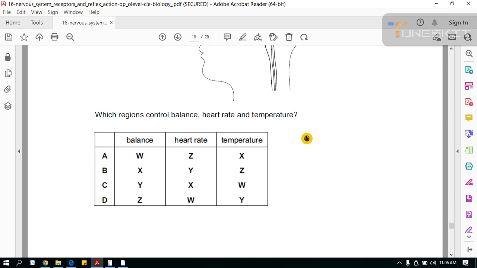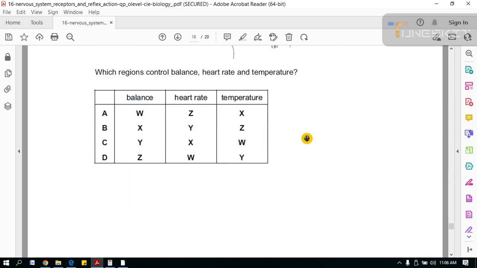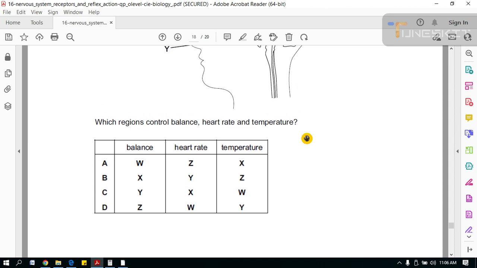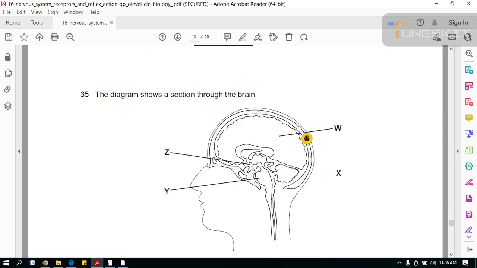Okay, dear students, balance is the function of what? Balance is the function of X. Heart rate is controlled by which part of the brain? Medulla oblongata.